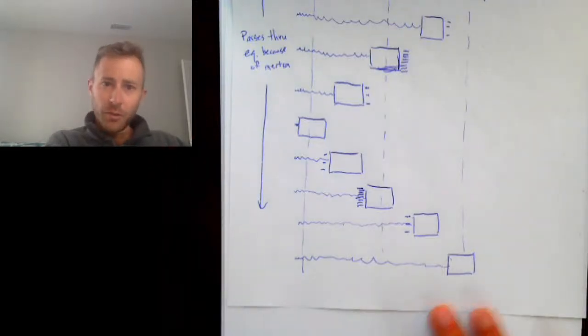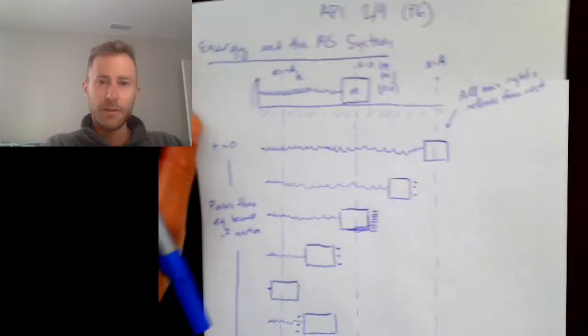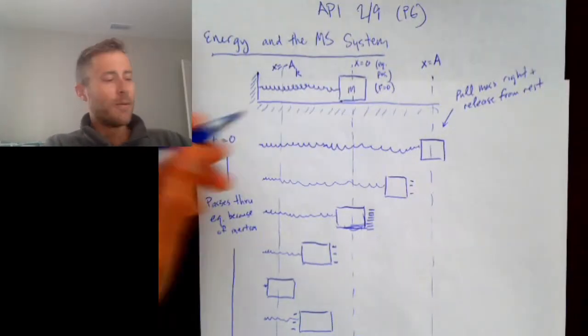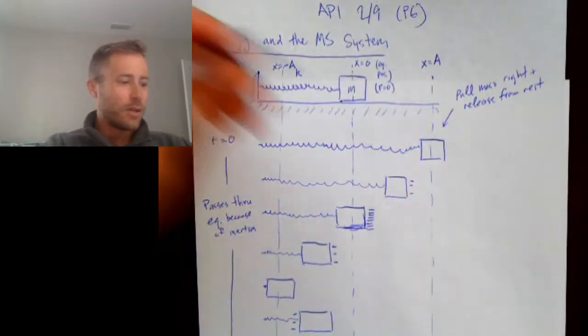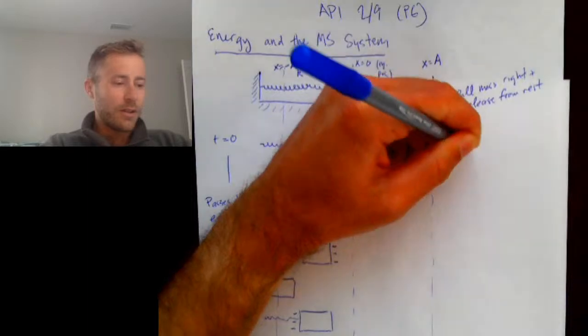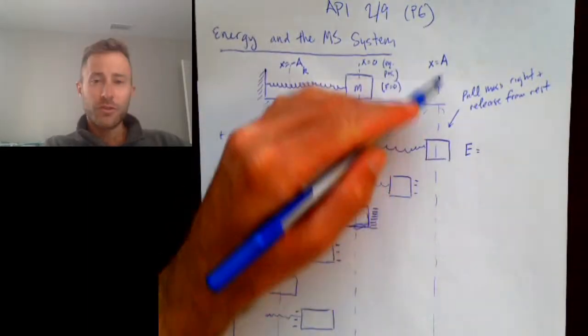So what we want to do is analyze this in terms of energy. And energy is conserved in the mass spring system. So what is the energy when we are right here at the extreme point?